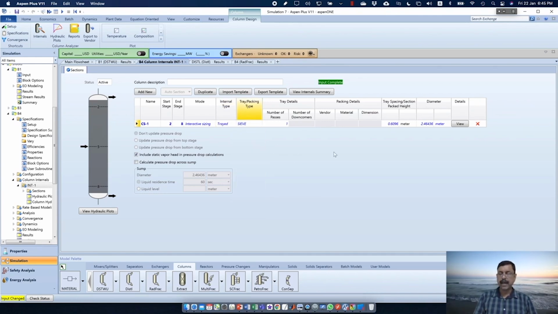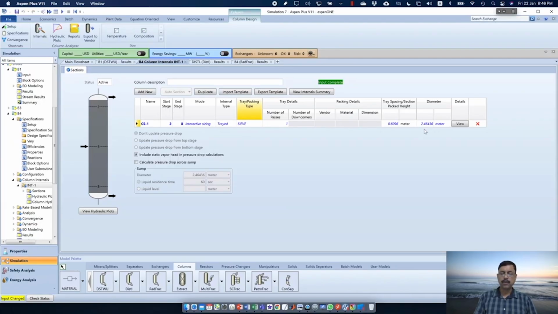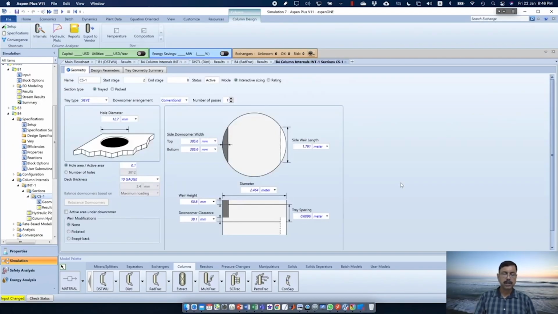Tray spacing and diameter, Aspen Plus is suggesting these dimensions. If you view the internals more, it will give you further information, that is, what is the hole area? If this is the sieve, then hole area per active area is 0.1. You can choose number of holes also.